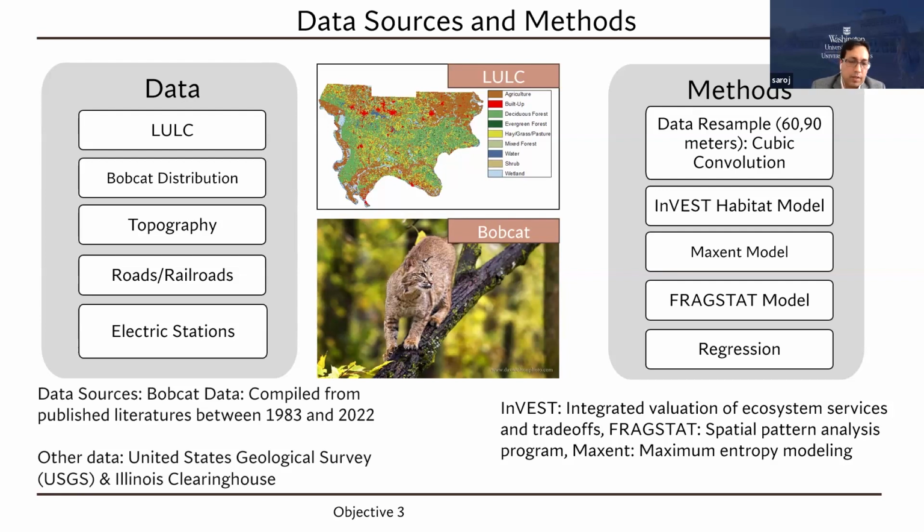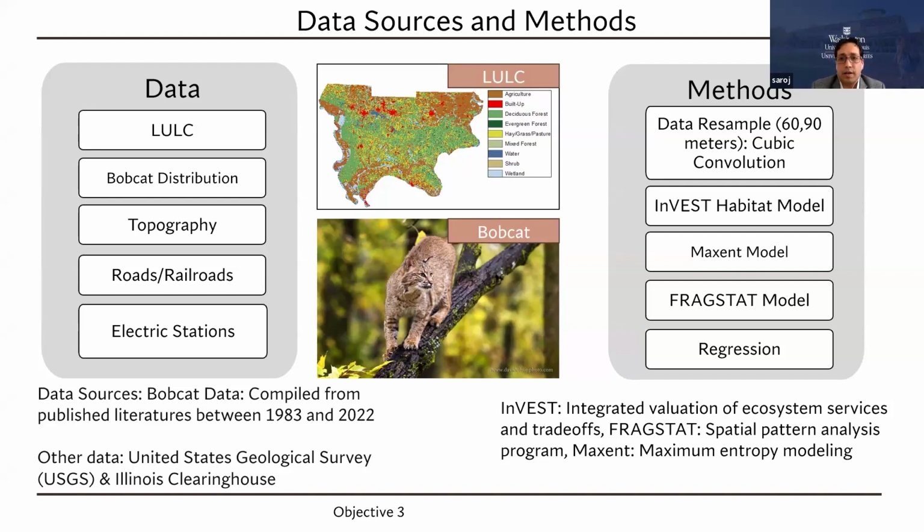So the threat and the sensitivity of that urban area to bobcat, it would calculate the score based on a distance decay function. You can also input things like home range of bobcats in the model.